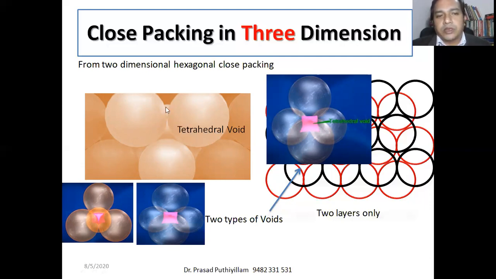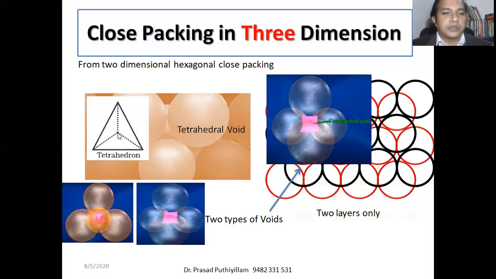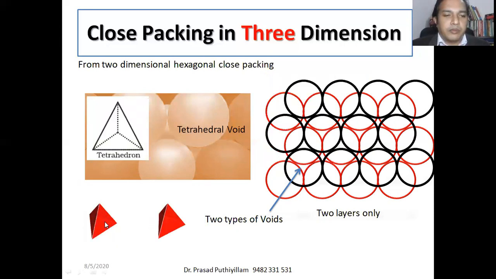Okay, so here if you keep one more atom, or see these three atoms, that void is covered by another atom, it becomes a tetrahedral void. Now what is a tetrahedron? Okay, this is the geometry of a tetrahedron, or a tetrahedron can be represented like this in a three-dimensional animated image. Okay, if I remove this one.